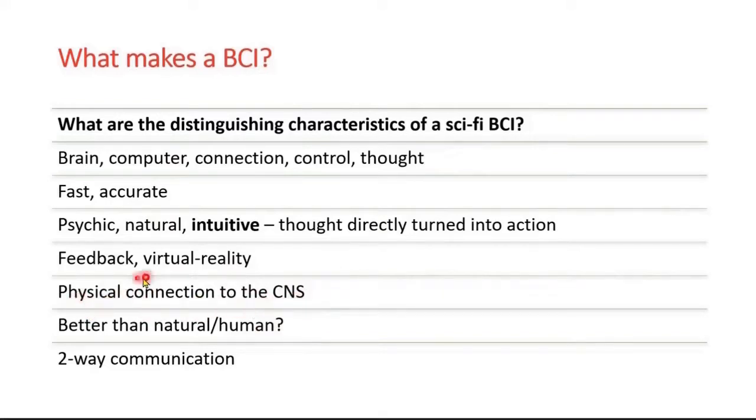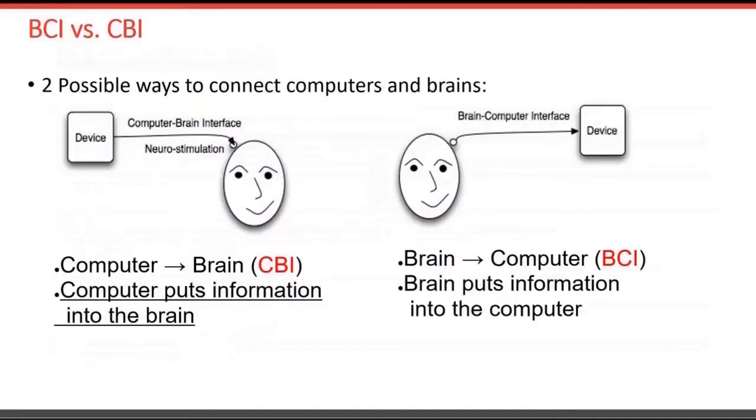So they have a physical connection. Another thing is that it is better than natural or human. So that's the question: with all of these characteristics of science fiction BCI, is it better than natural human interaction? Is two-way communication possible between computers and the brain?